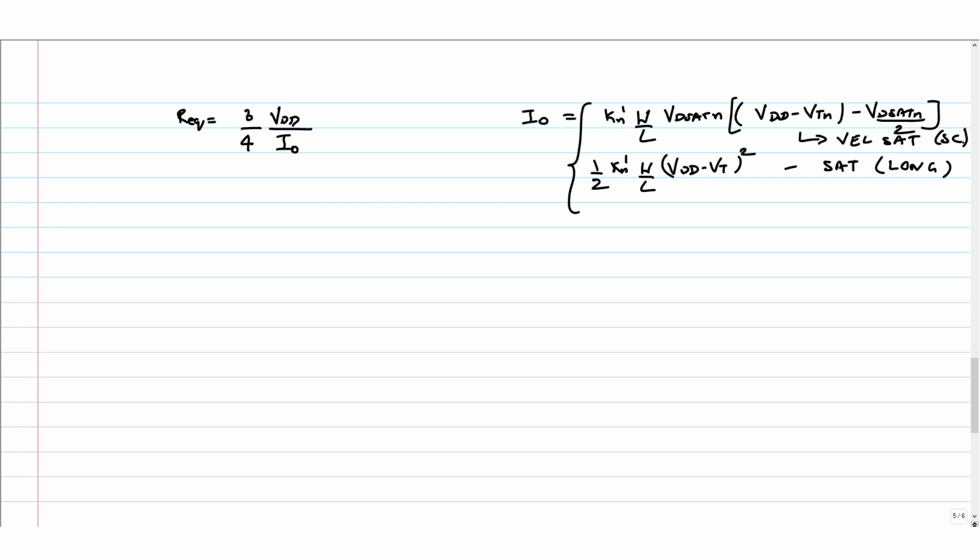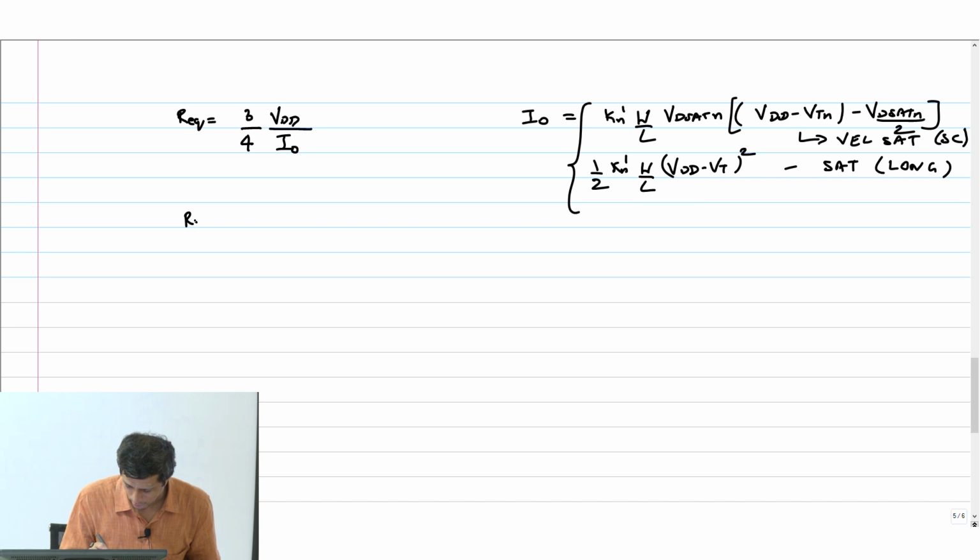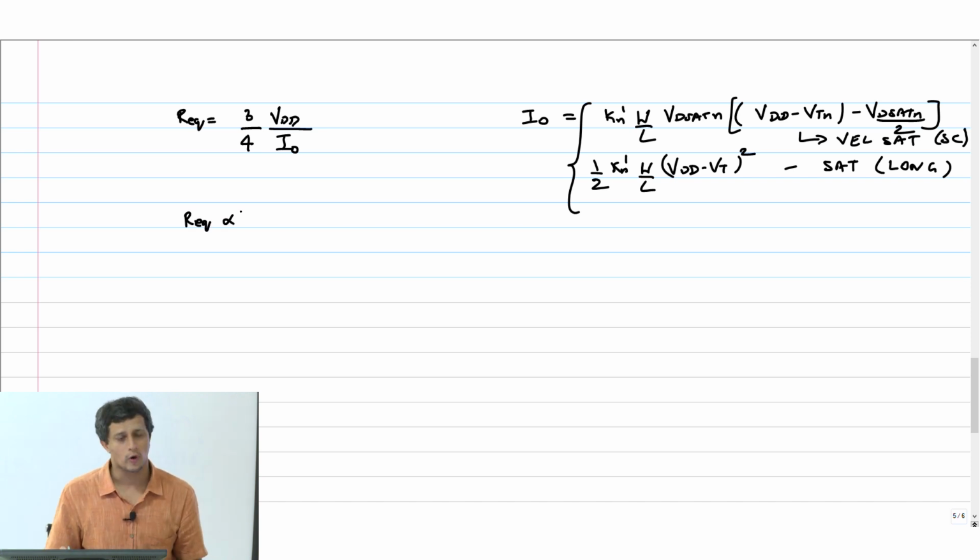Okay, so look at this equation of R equivalent now, right? Clearly it is going to be inversely proportional to W, 1 over W, because I naught is sitting below, right?